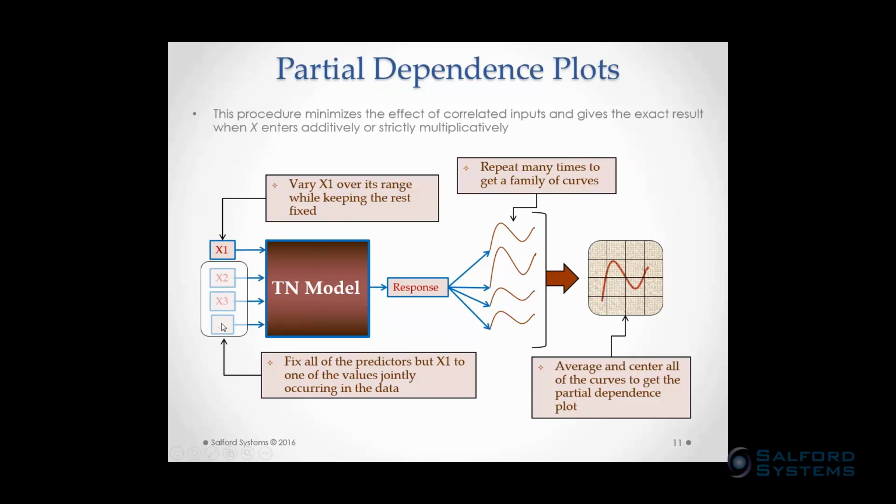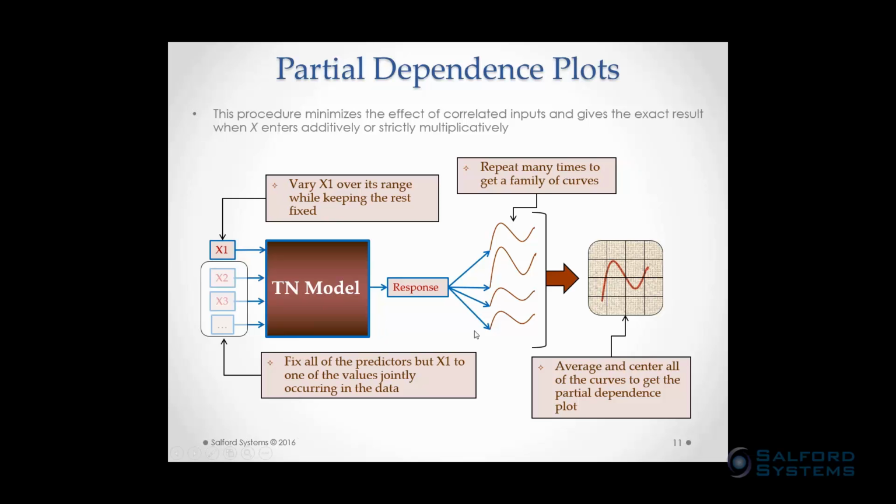Next, we go back to our data, we pick another record to fix the values, and do the same thing to get another curve. And so you can do this for every record in your data to get a family of curves. And the way we produce the plot is we just average and center these curves. So this procedure effectively minimizes correlated inputs and is showing you exactly what happens when X enters additively.